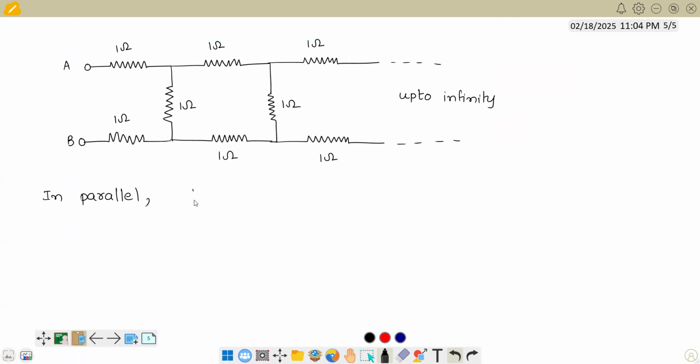In parallel, the R effective would be lesser than both individual resistances involved. Let us say we have two resistors R1 and R2, and we find R effective across them in parallel. Their R effective would be lesser than R1 and R2 individually. So if I use that logic, I will write 1 here.